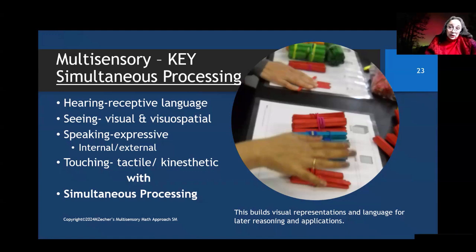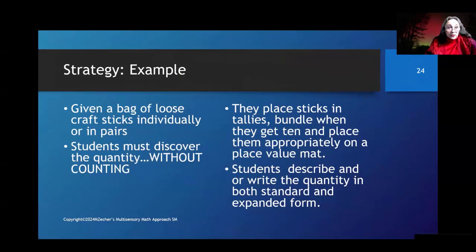As they're saying things, seeing them, and touching them all at the same time, they're building that multimodal memory so that it aids retrieval. This builds visual representations in language for later reasoning and applications, including mental math. You want to create the memories so that when you come back to doing it mentally or just with numbers, the students remember what quantities and the manipulations look like.